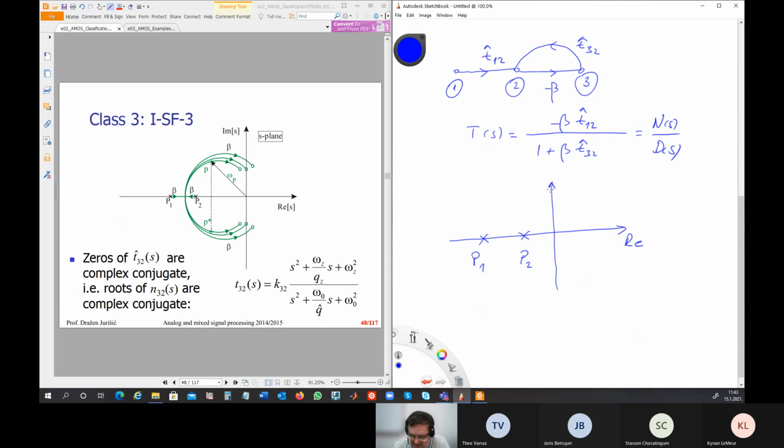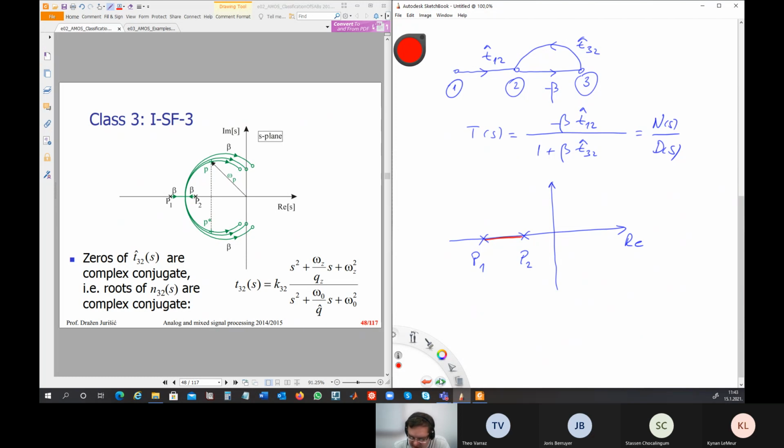The characteristic values are P1 and P2, so the root locus must be here. It's not good if it is here or there, then we will not have a solution. So the root locus must be here, left. What does it mean? If you put a zero here, then it will not be here, it will be there, which we don't want.